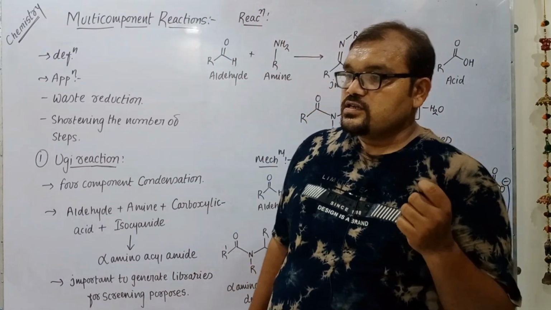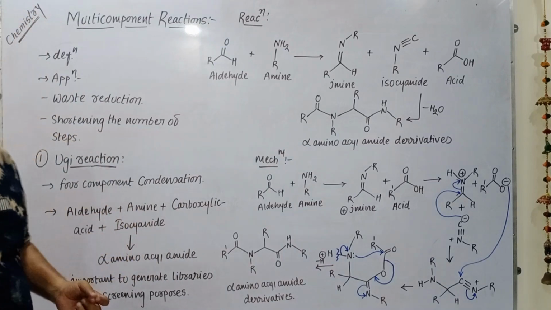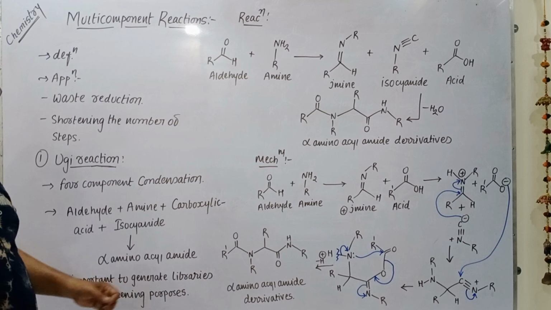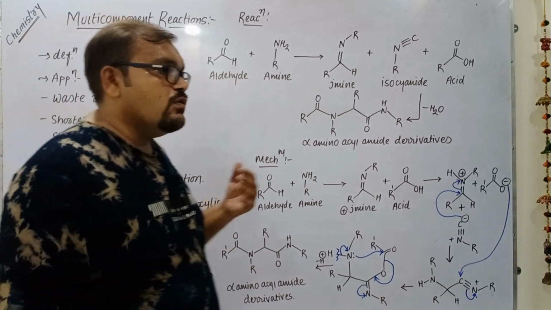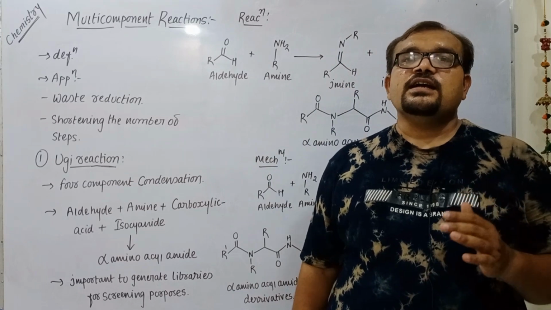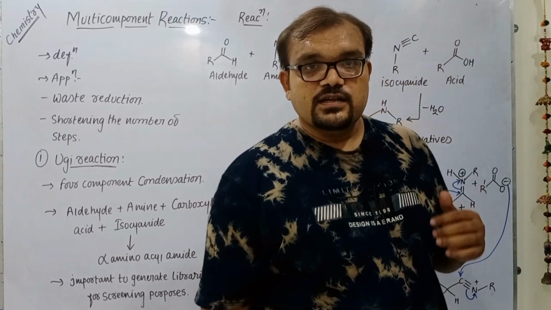The first and important application of Ugi reaction is that it is important to generate libraries for screening purpose, right? When we want to generate libraries for screening purpose, it can be easily carried out with the help of Ugi reaction.